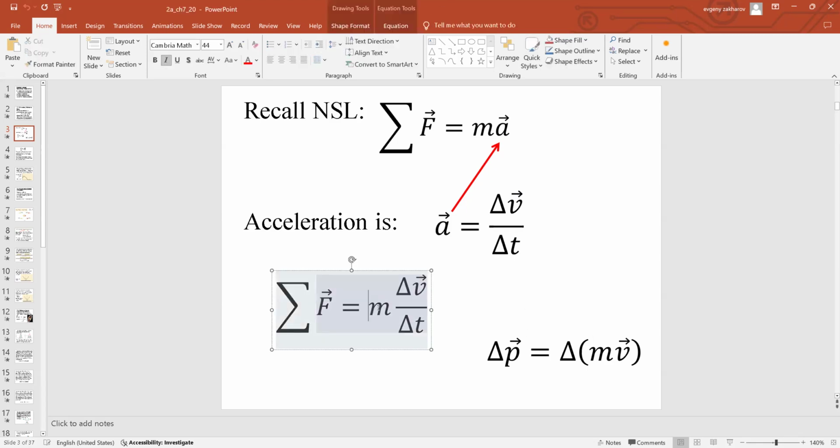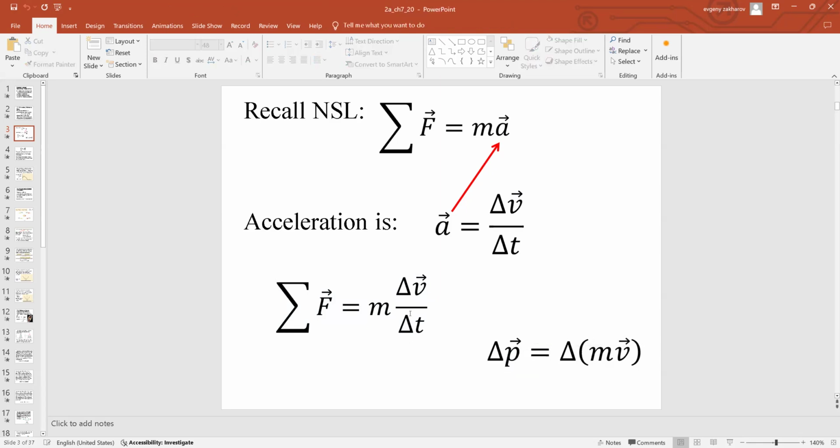Now you can see that mass times the change in velocity is actually the change in momentum. And for change in momentum, you can say it can be a change in mass or velocity or both. So the most general scenario, change in both, represents the change in momentum.